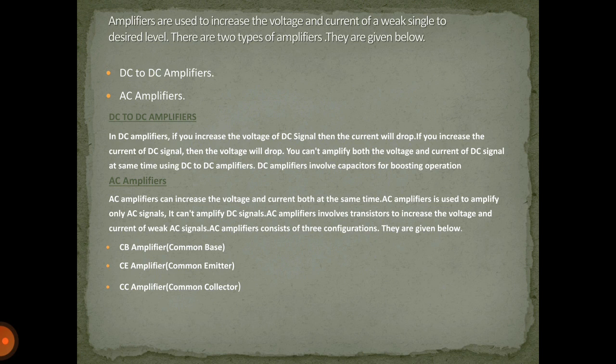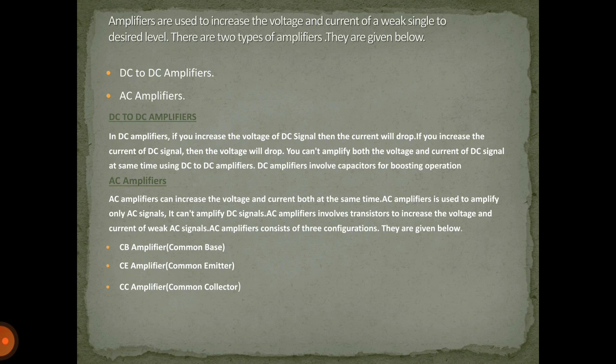AC amplifiers. AC amplifiers can increase the voltage and current both at the same time. An AC amplifier is used to amplify only AC signals. It can't amplify DC signals. AC amplifiers involve transistors to increase the voltage and current of a weak AC signal. AC amplifiers consist of three configurations.